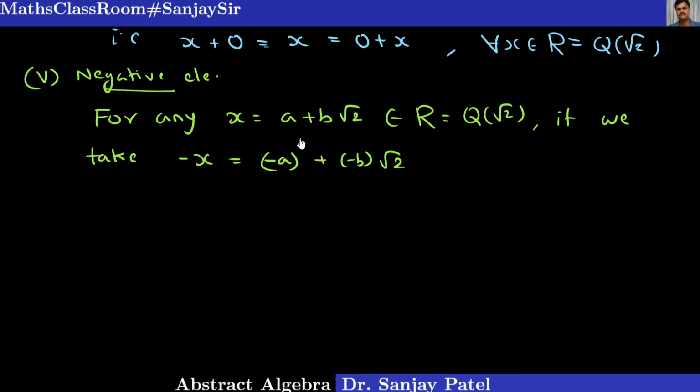A and b are rational, so minus a and minus b are also rational. So this element minus x is also a member of the set Q(root 2), that is R.